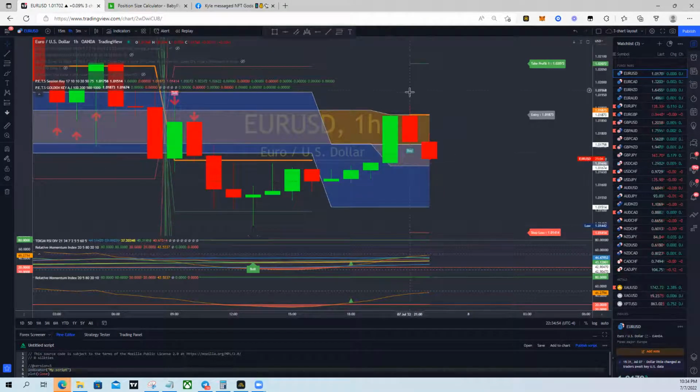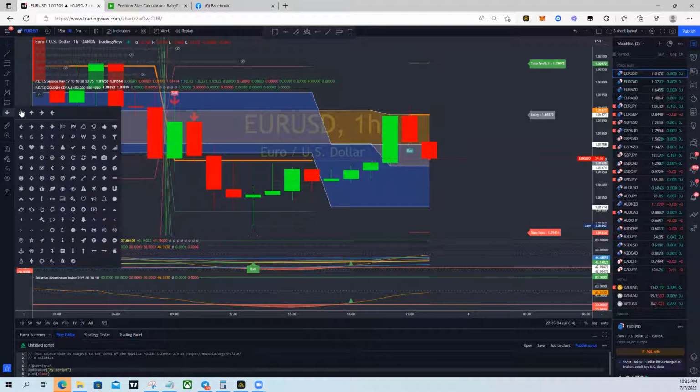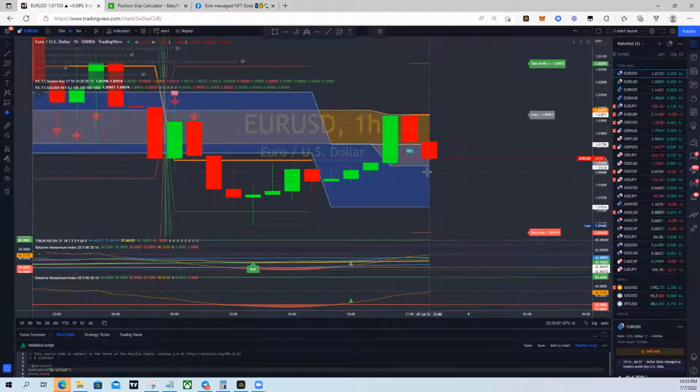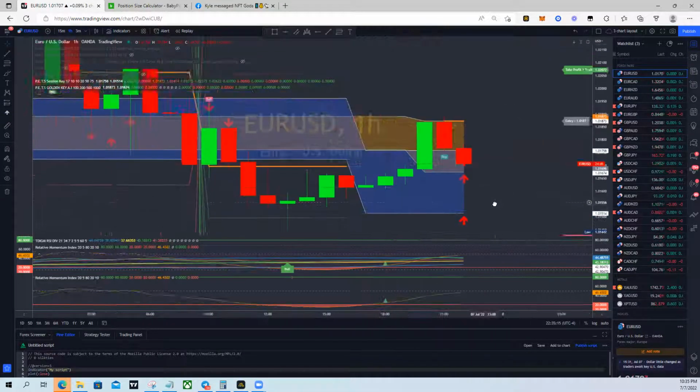So if we wanted to buy this market, we either buy at the very top of the conservative entry, or if you just want to wait for the pullback, you can buy it from the top or the bottom of the golden key, or ultimately your ultimate entry will be the bottom of the session key.